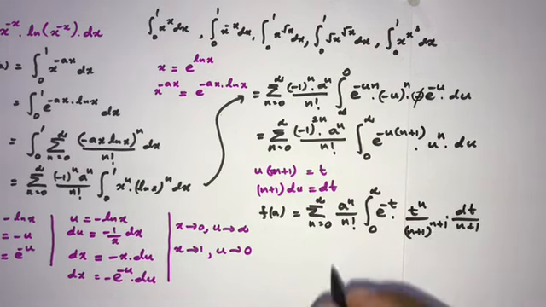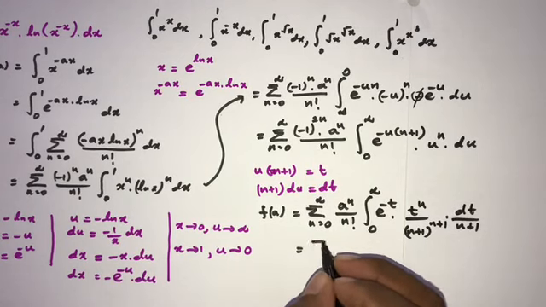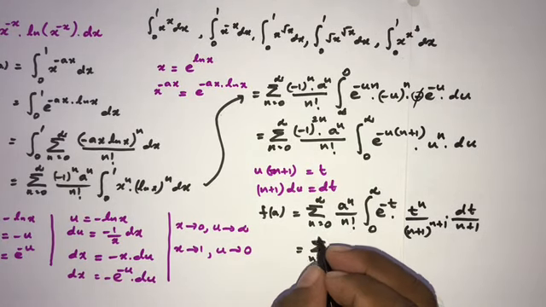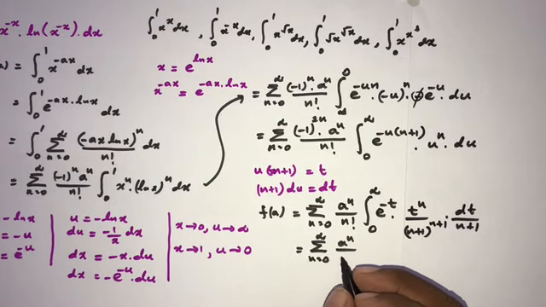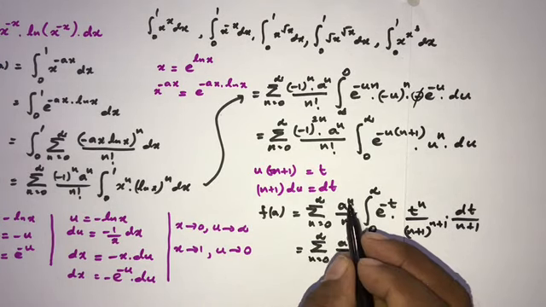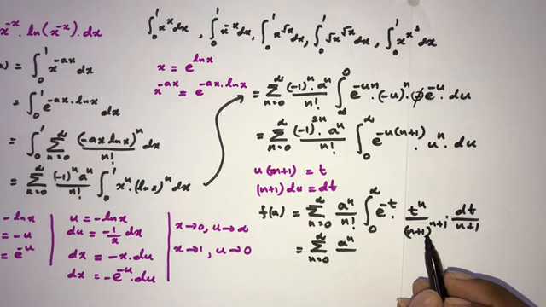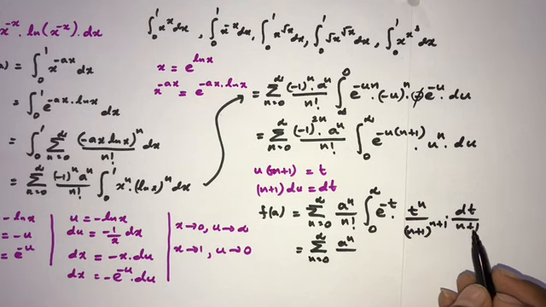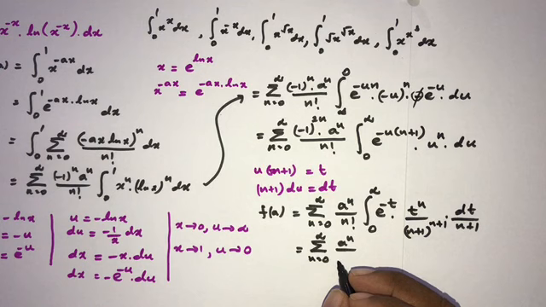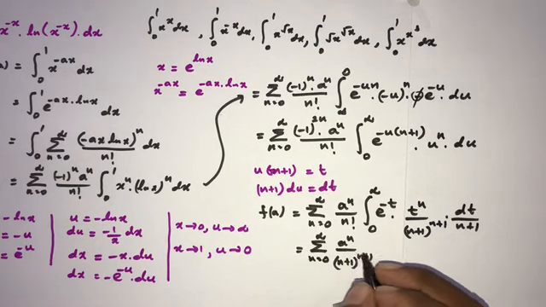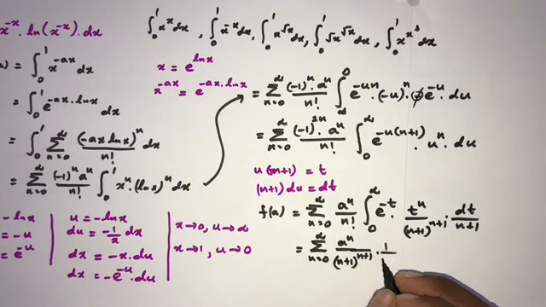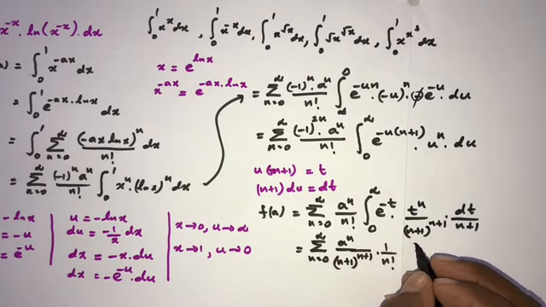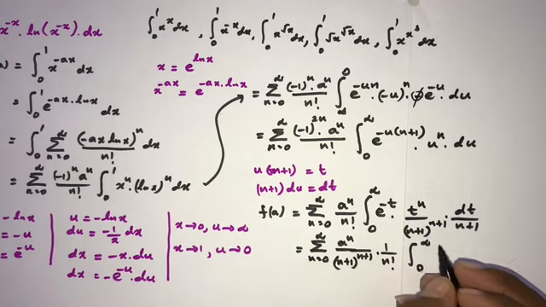Now we can simplify. So here infinite sum 0 to infinity a to the n over n plus 1 raised to n plus 1, so we can write n plus 1 raised to the n plus 1 power times 1 over n factorial times integral from 0 to infinity.